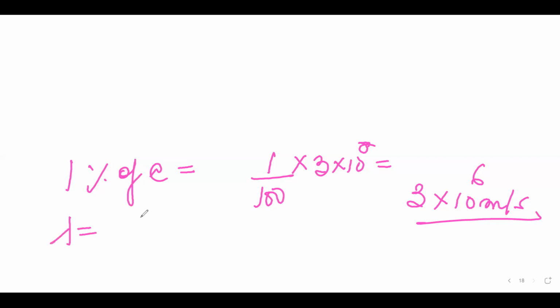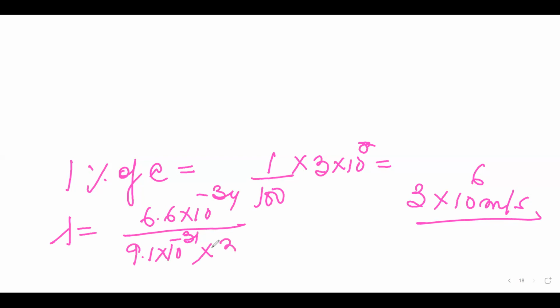So lambda is 6.6 into 10 raised to power minus 34 divided by 9.1 into 10 raised to power minus 31 into 3 into 10 raised to power 6. The answer will come as 2.4 into 10 raised to power minus 10 meters.